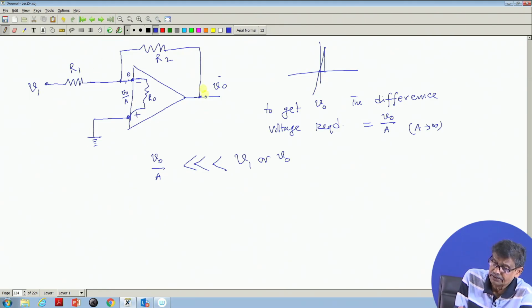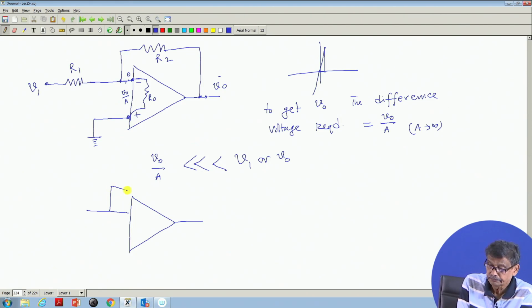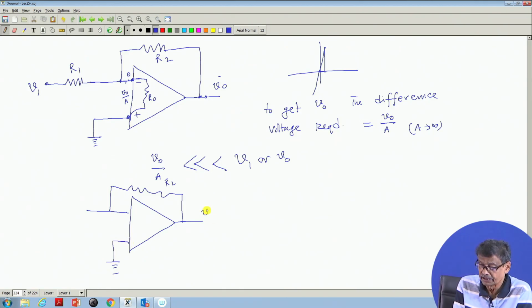For example, I want to analyze this circuit. So, let us assume it is an ideal op amp. So, this is the circuit, this is R2, this point I have grounded, and this is my output voltage, and here I will connect my input signal V1.